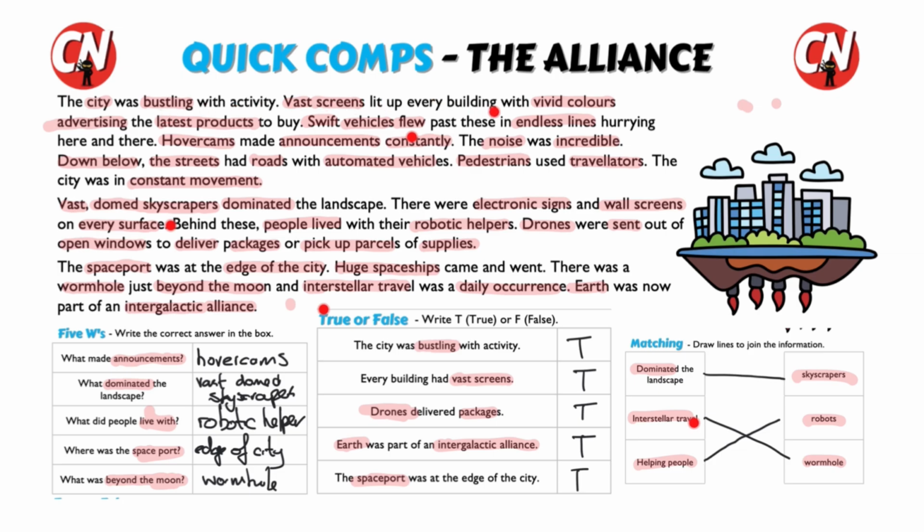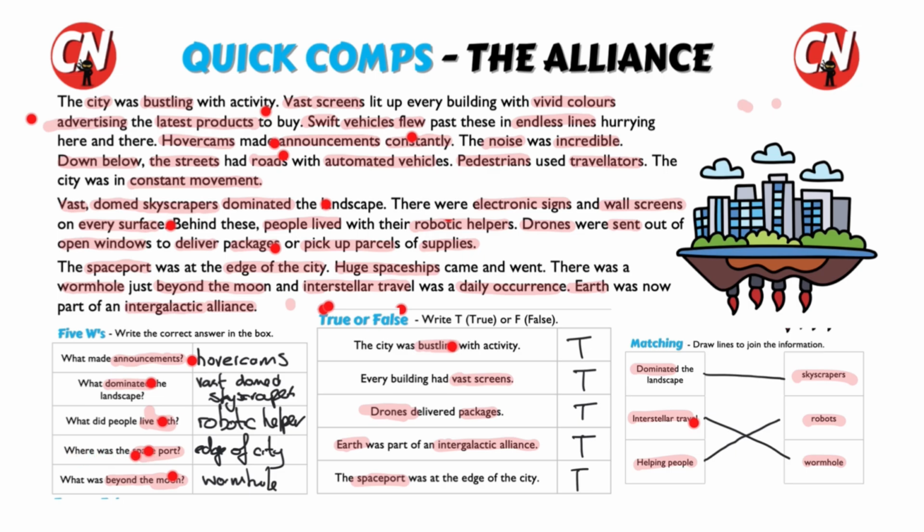And once you've found those, along with verbs and adjectives, and this text was very dense with verbs and adjectives, and then we find the same words in the questions, you can then navigate to the right part of the text. Bustling. Now I can read and find the answer. Vast screens. Now I can find the answer, or I can decide on what the answer is.